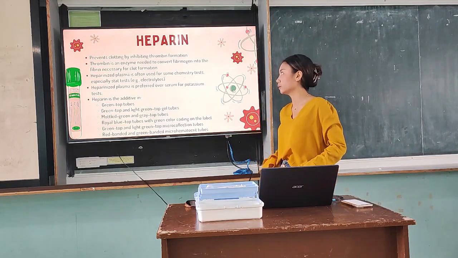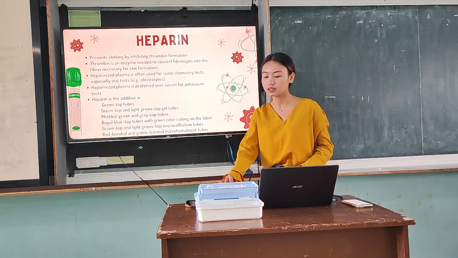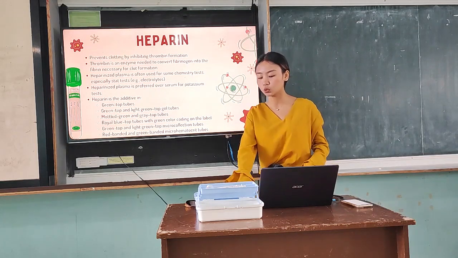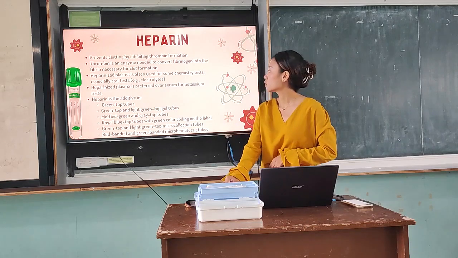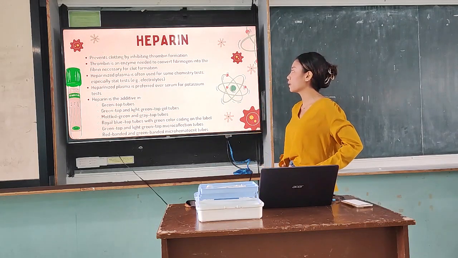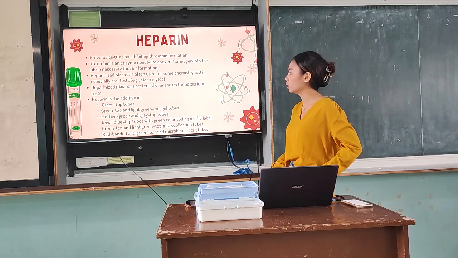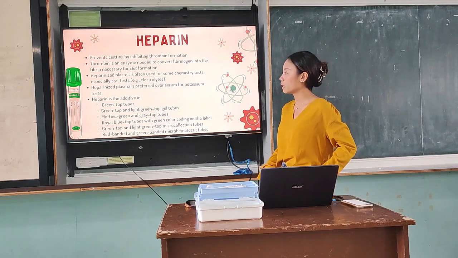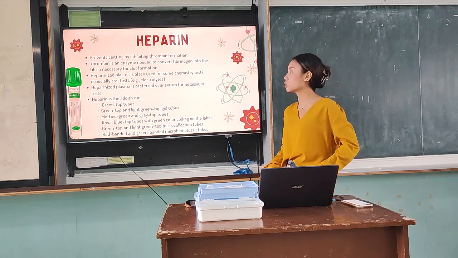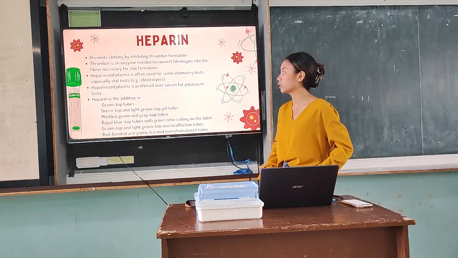Next, heparin. Heparin can be seen sa green tubes natin. So, heparin prevents clotting by inhibiting thrombin formation. Thrombin is an enzyme needed to convert fibrinogen into the fibrin necessary for clot formation. So, yung thrombin, it is necessary for clot formation.